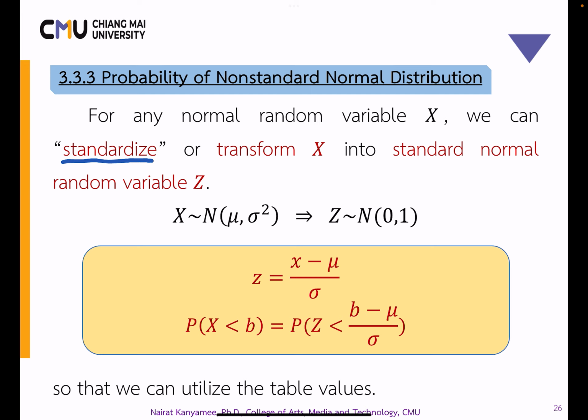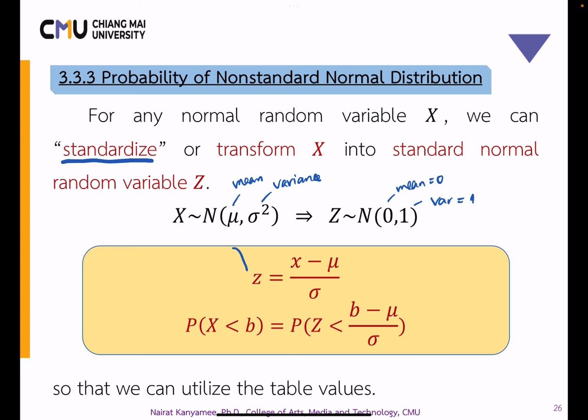So from X, a normal random variable with mean mu and variance sigma squared, you can transform to the standard normal distribution with mean 0 and variance 1, using the following formula: Z equals X minus mu over sigma.